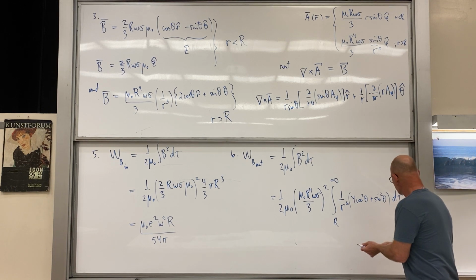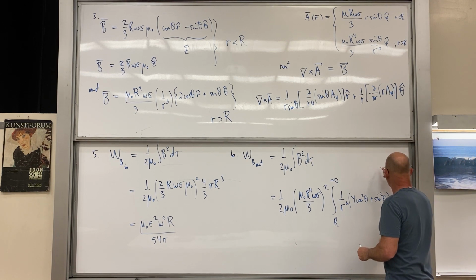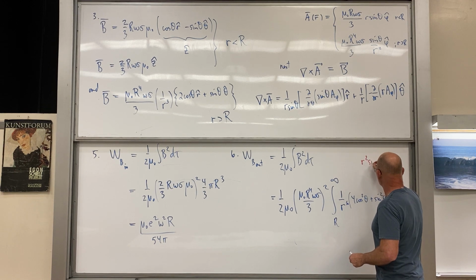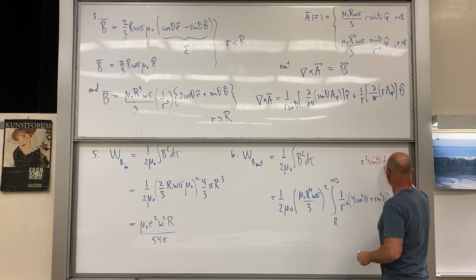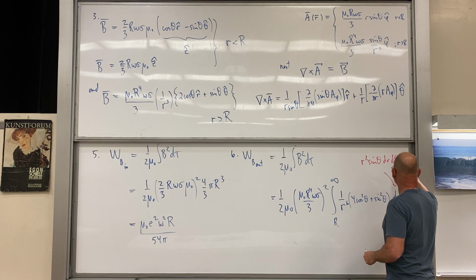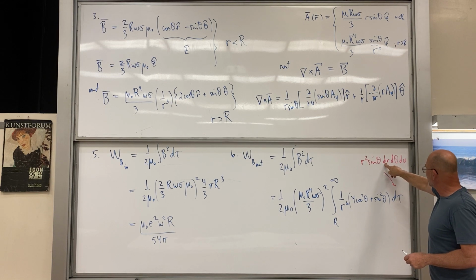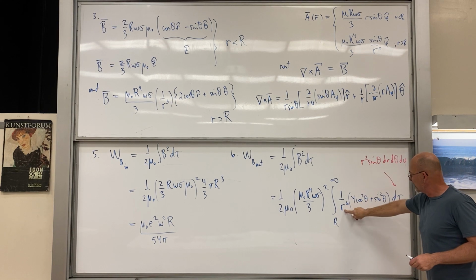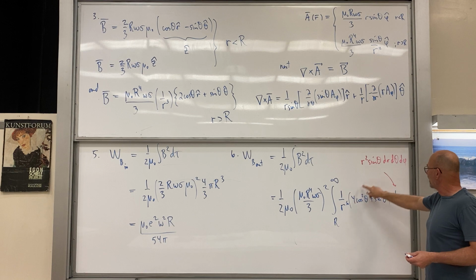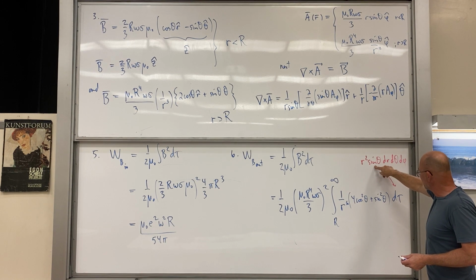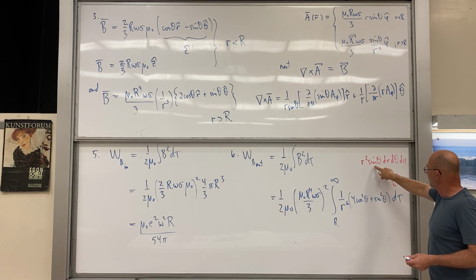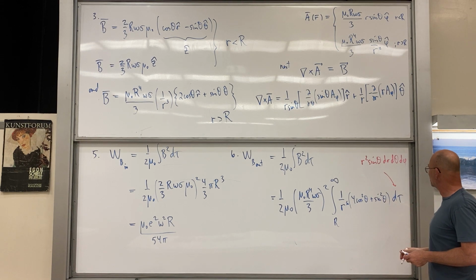Of course, this is r squared sine theta dr d theta d phi. There is no phi dependence, that's just going to give us a factor of 2 pi. The dr is going to be trivial, or nearly so, and then we'll have the sine theta here, cosine squared sine theta, and that's sine cubed theta.